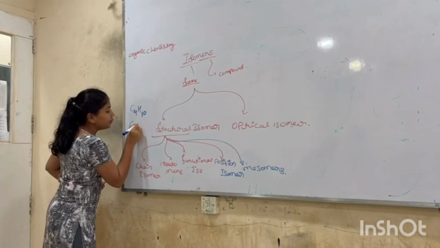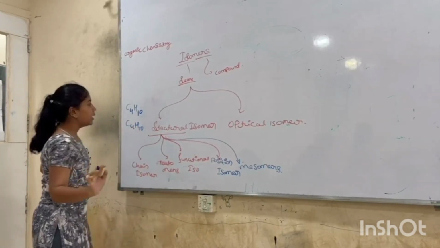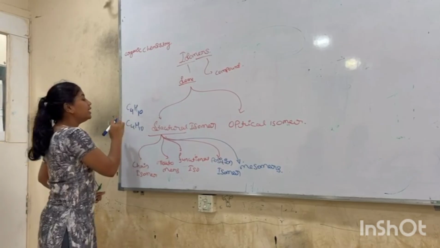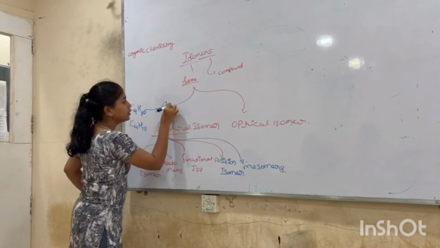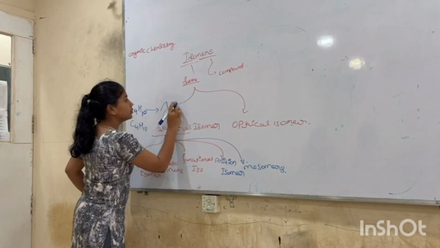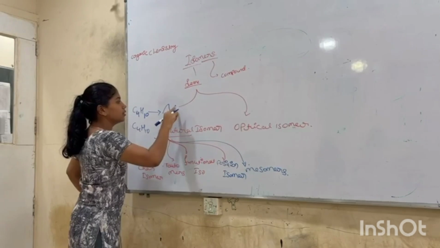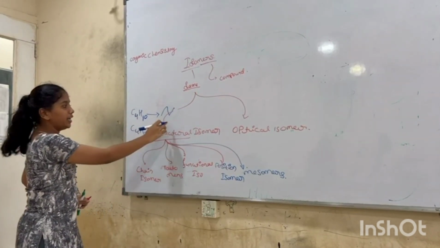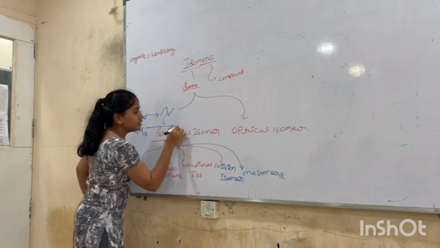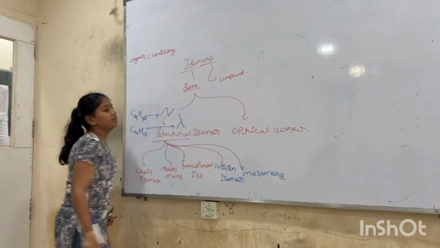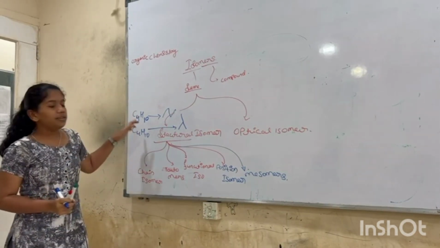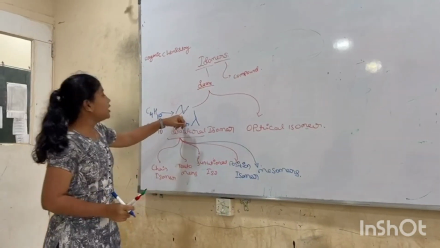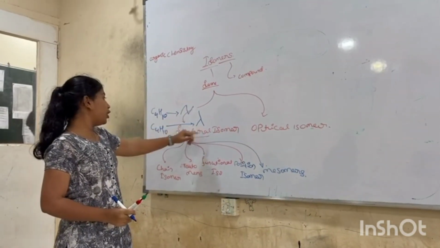Another also, their molecular formula should be the same. Both are C4H10, but their structure is different. This is butane, but this is isobutane. In case of C4H10, two types of structures are there.